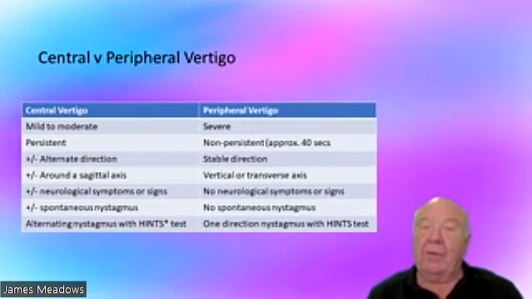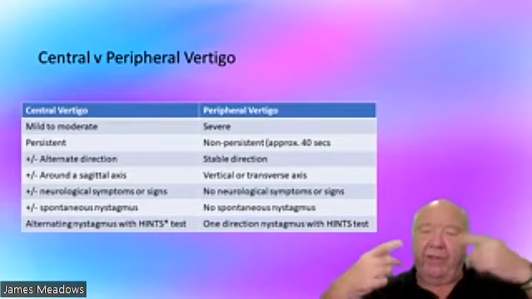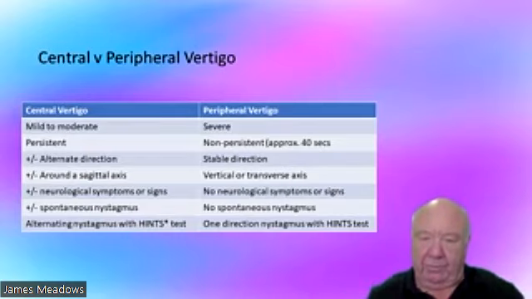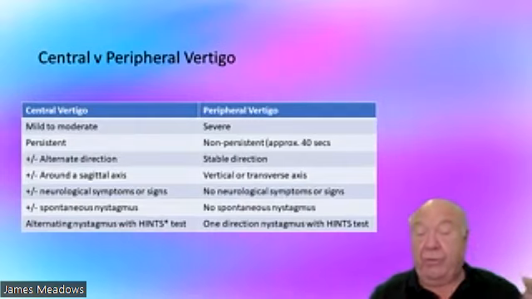Central vertigo can occur around a sagittal axis, so they feel like they're somersaulting forwards or somersaulting backwards. I would always assume this is central. This is really quite rare for us, and I would assume this is central, and it usually is, I believe.